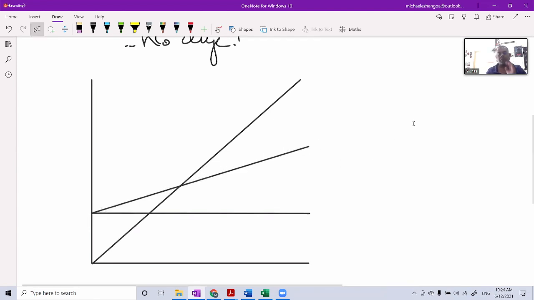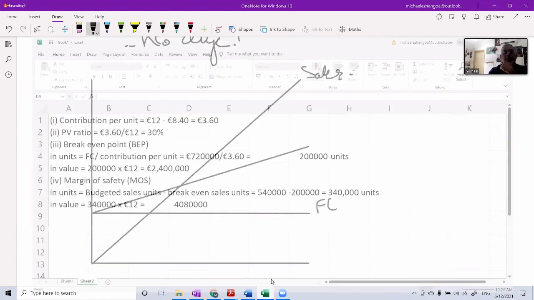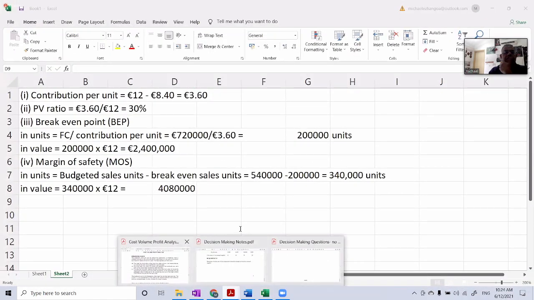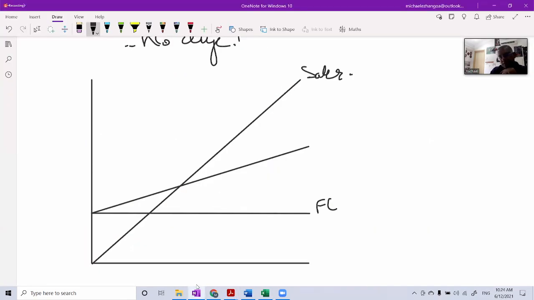Total cost, right? Now, sales, fixed cost, straight line, not changing. Let's talk to the graph. Sales line starts at the origin: zero sales volume, zero sales revenue. Can you follow?